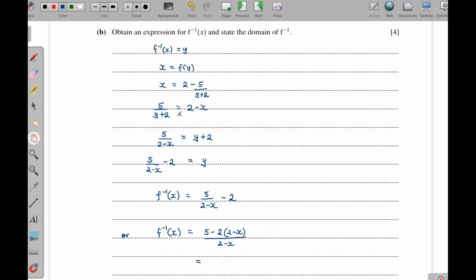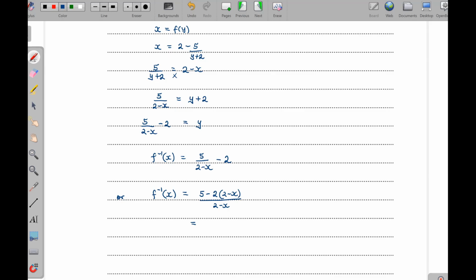Then simplified, we can have, this is a 4, so 5 minus 4 is a 1. Then a negative 2 times negative x, that will be 2x. So 1 plus 2x, then out of 2 minus x. So either way, you get the answer. So it is either this one here or this one here.